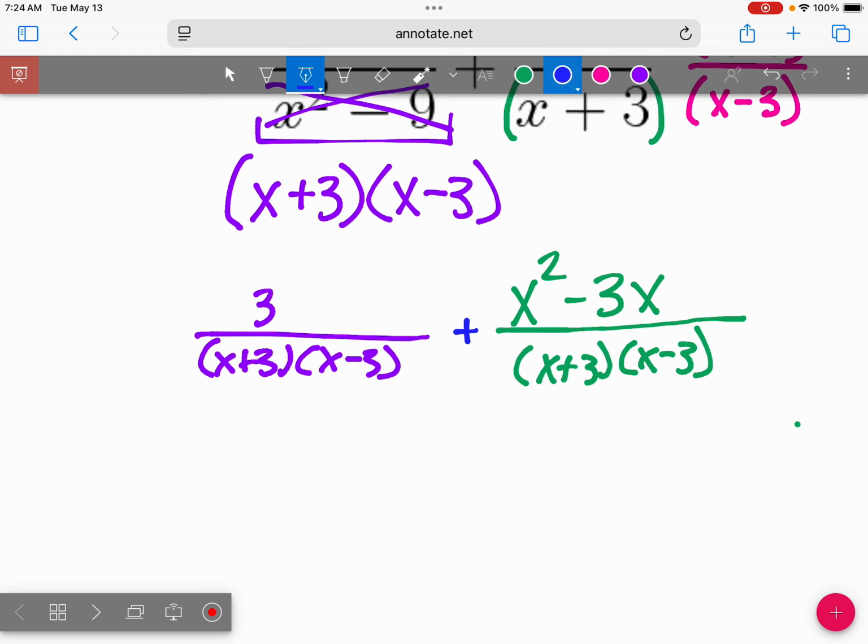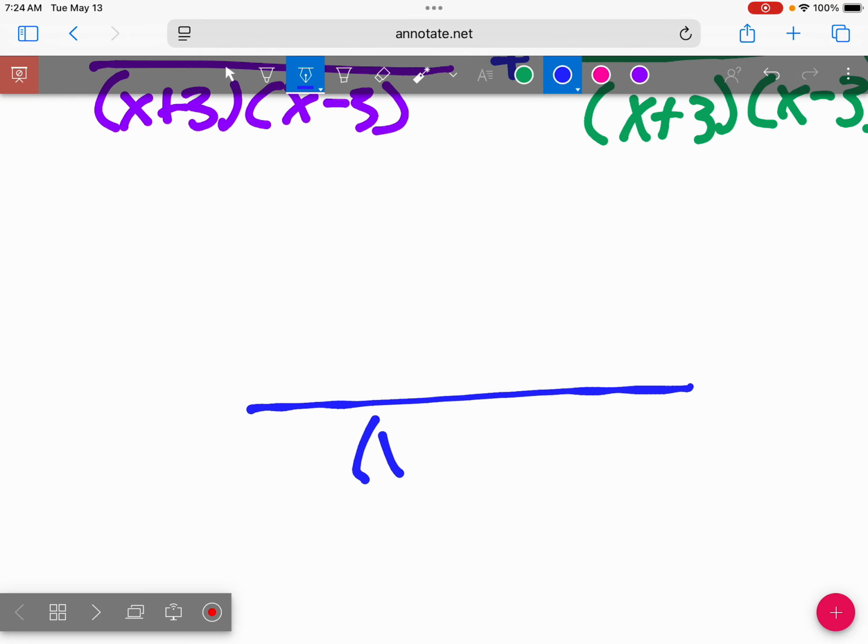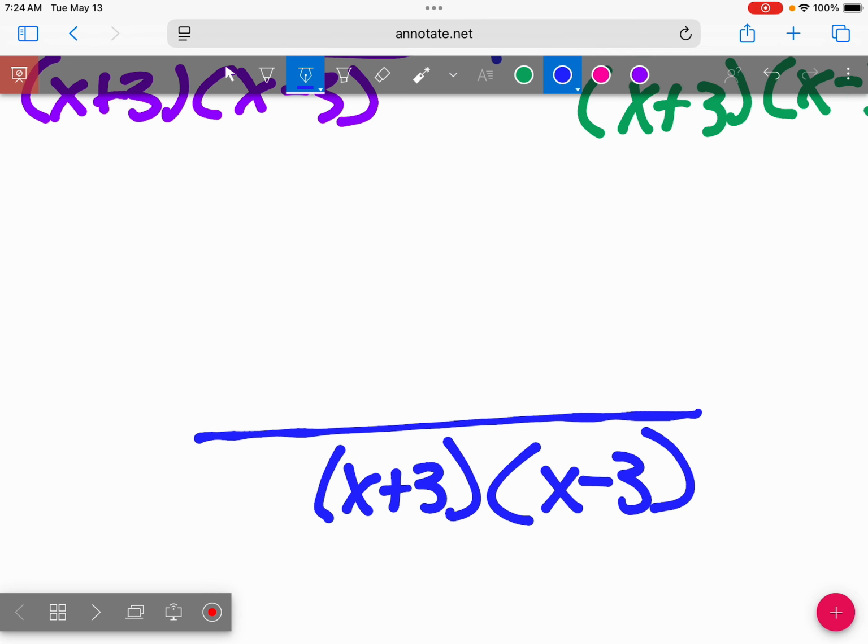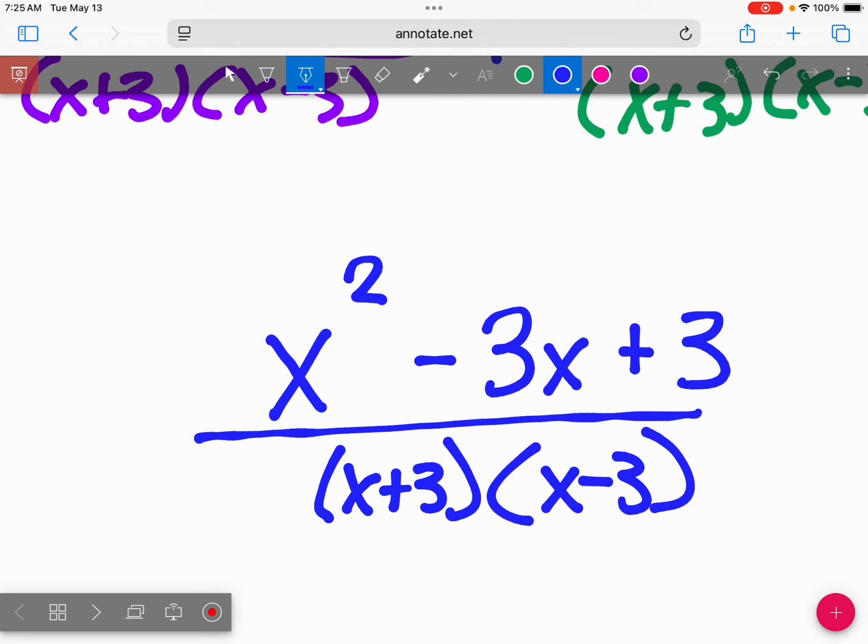And since we have the same denominator, we can add those together with our x plus 3, x minus 3 in our denominator. And our numerator, I'm just going to put everything in order because we are just adding things together. Our x squared, our minus 3x, and our plus 3.